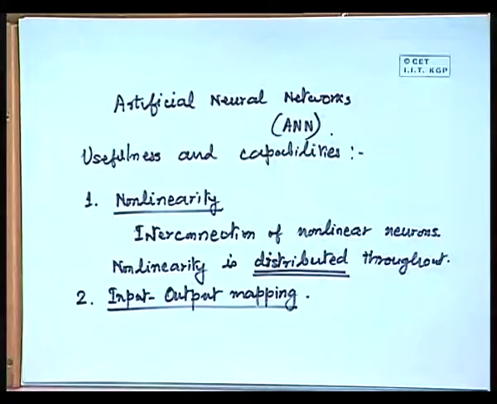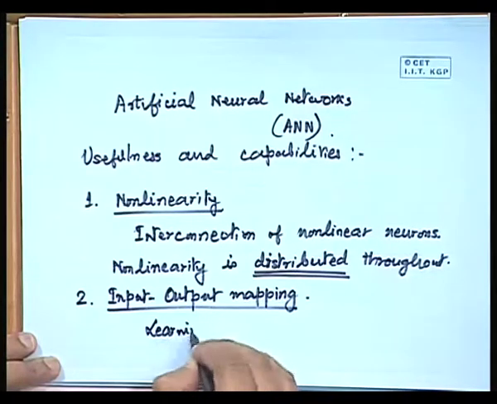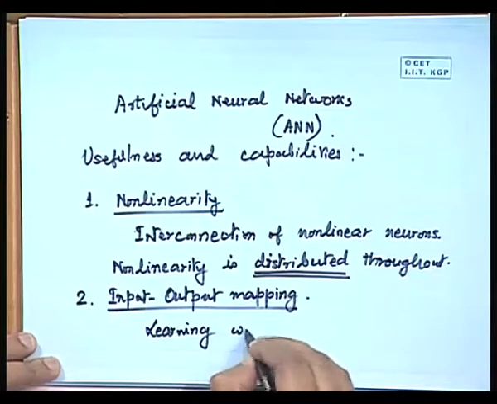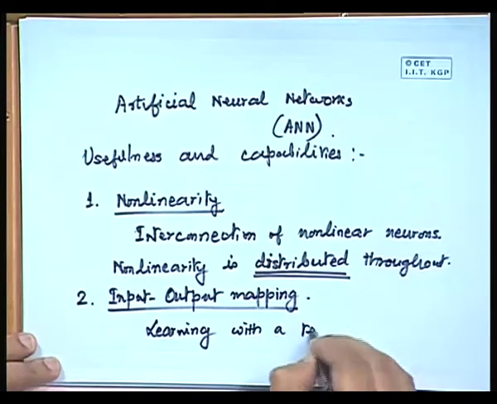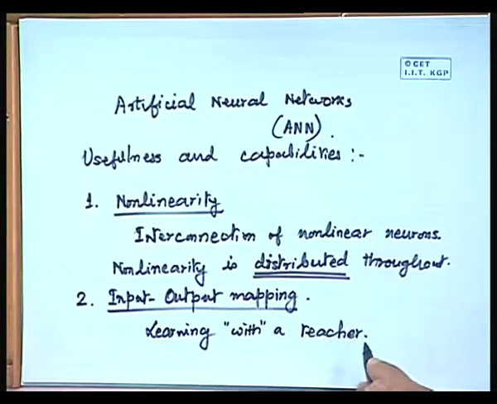This is very important, and this is what makes the neural network remarkably different from the conventional computational unit, in the sense that it has a learning ability. And in this case, the input-output mapping that we were referring to so long is basically referring to learning with a teacher. Here a teacher is definitely monitoring.